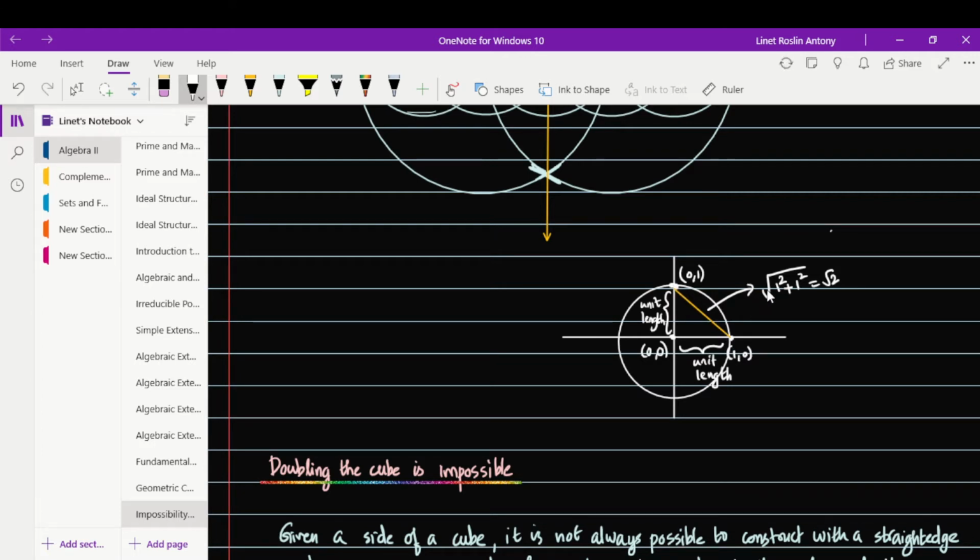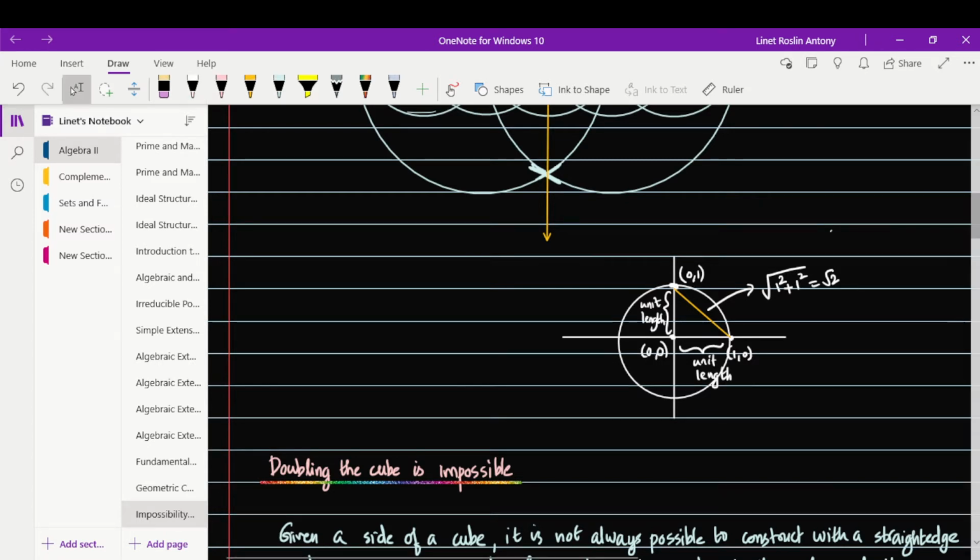That will be nothing but square root of 1 squared plus 1 squared, which is equal to square root of 2. So we have drawn a line which has the corresponding length to be root 2, right? So that means root 2 is constructible. That is how we can end up concluding that root 2 is constructible.